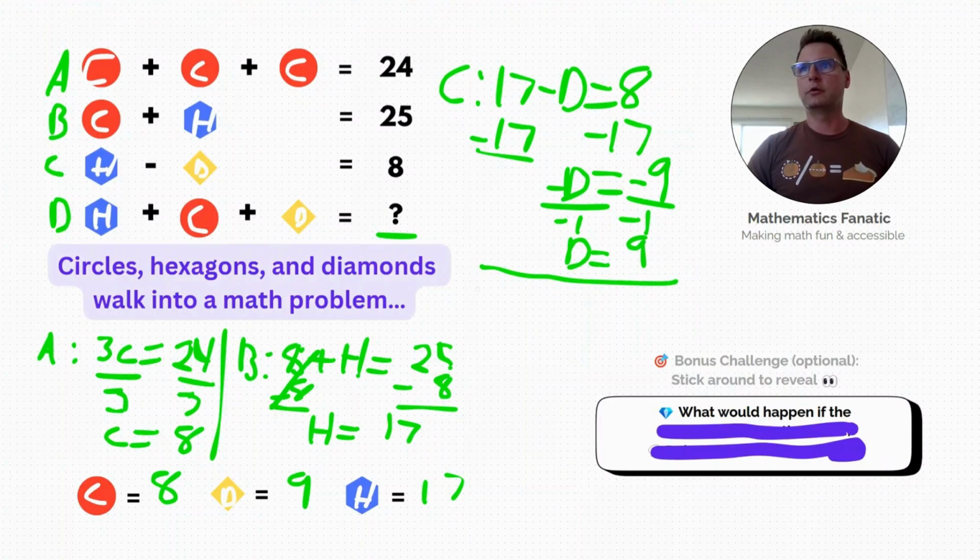But first, let's get our final answer here by plugging into equation D. So H was 17, C was 10, sorry, not 10, what am I saying? C was 8, and then we had D, which was the not so valuable 9, right?